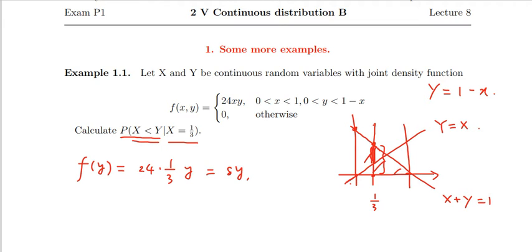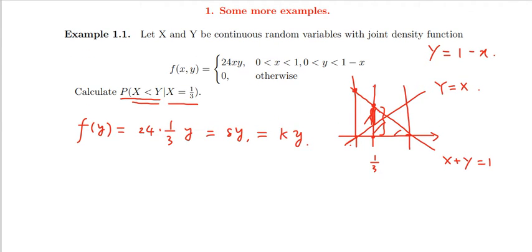This maybe is not a density function because the total probability is not equal to 1, so we need to adjust this. Anyway, the density function is some constant coefficient k multiplied by y.